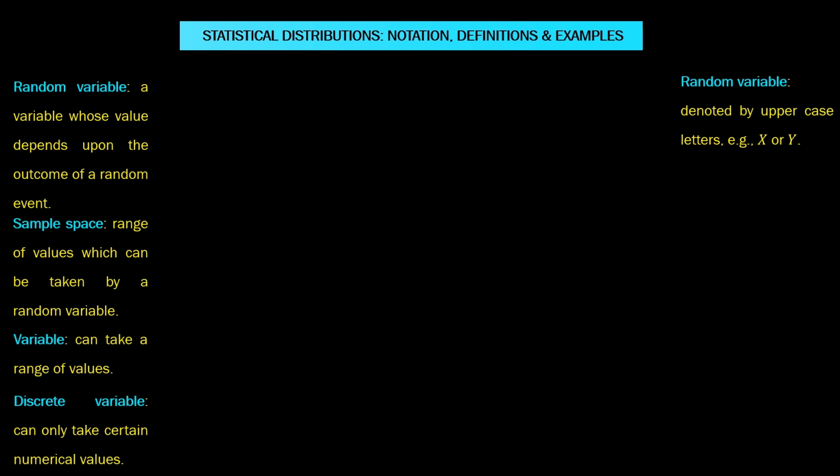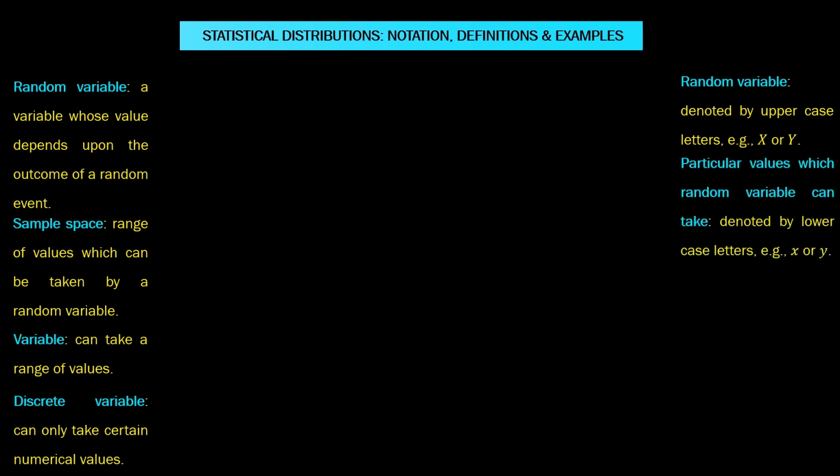A random variable is denoted by uppercase letters, for example, capital X or capital Y. Particular values which a random variable can take are denoted by lowercase letters, for example, little x or little y.